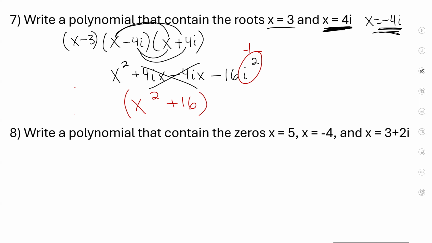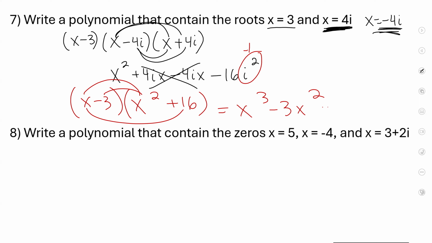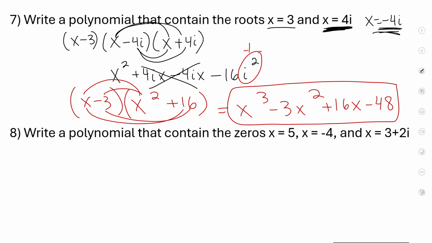Okay, now you're going to multiply by x minus 3. So this is the polynomial whose roots are 3, 4i, and -4i.